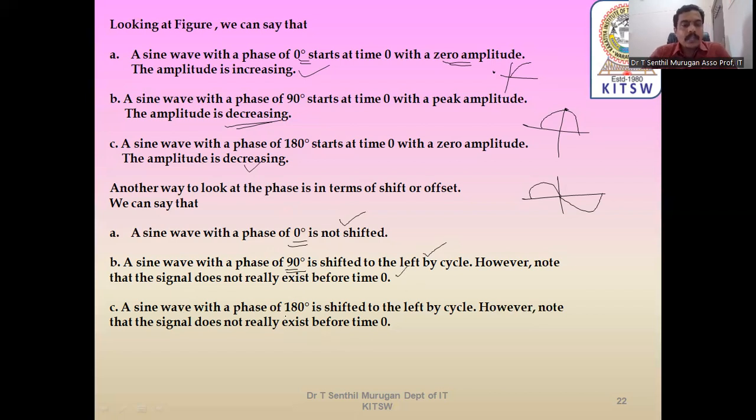Likewise, 180 degrees is shifted to the left by half a cycle. Whether the signal is shifted or not, it will be identified by the phase.